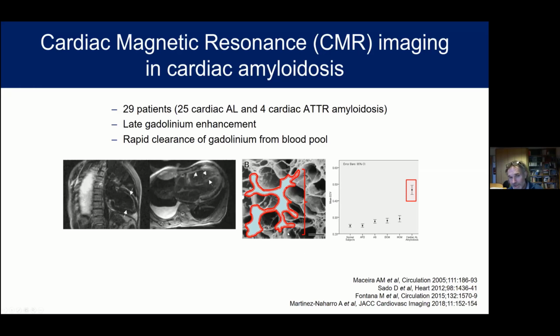Gadolinium doesn't get into cells, and it takes longer, therefore, to diffuse through this expanded extracellular space, which is expanded by the amyloid deposits. On the right here, you can see that this extracellular volume is increased par excellence in amyloidosis compared to the other hypertrophic cardiomyopathic conditions, if you like. So amyloidosis is really the condition par excellence that gives you this late gadolinium enhancement and is practically pathognomonic of the condition.